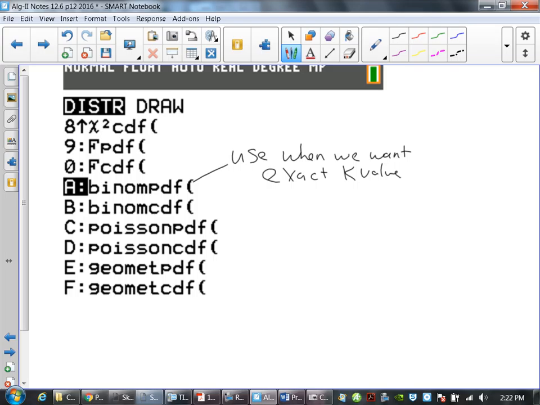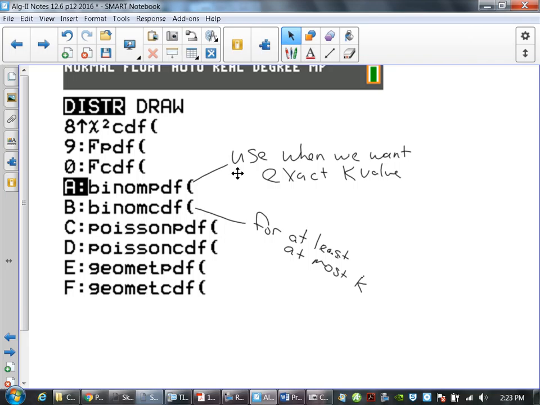We're going to use the CDF version for when it's at least, at most, fewer than, more than, because it does something different, and I'll show you what it does here in a second. We use that for at least or at most K.